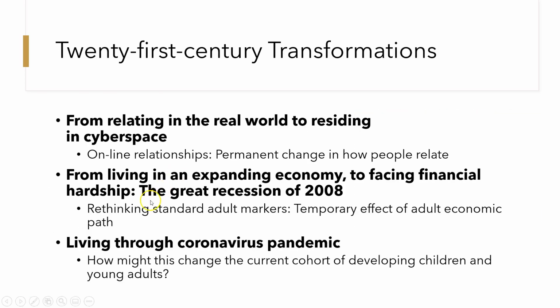From living in an expanding economy, again, maybe people born in the 1950s, there was more of an expanding economy, more opportunities for economic growth, to more financial hardship. We had a recession in 2008. Again, we're at more of an uncertain economic time currently.